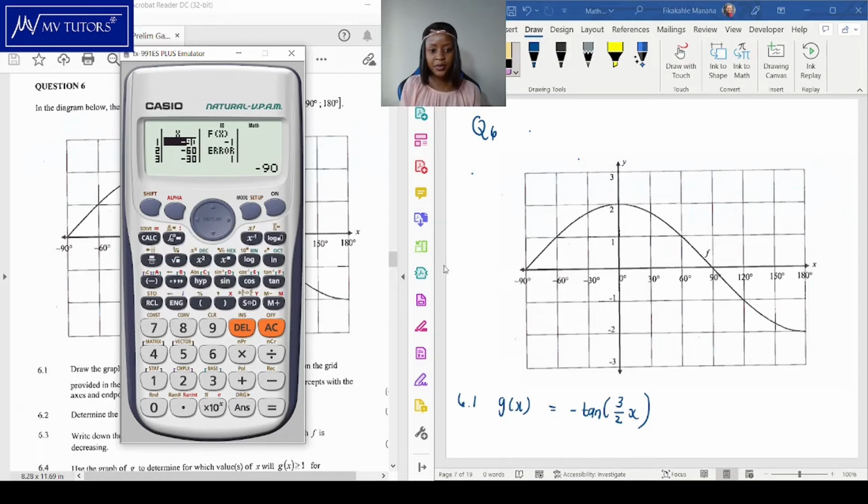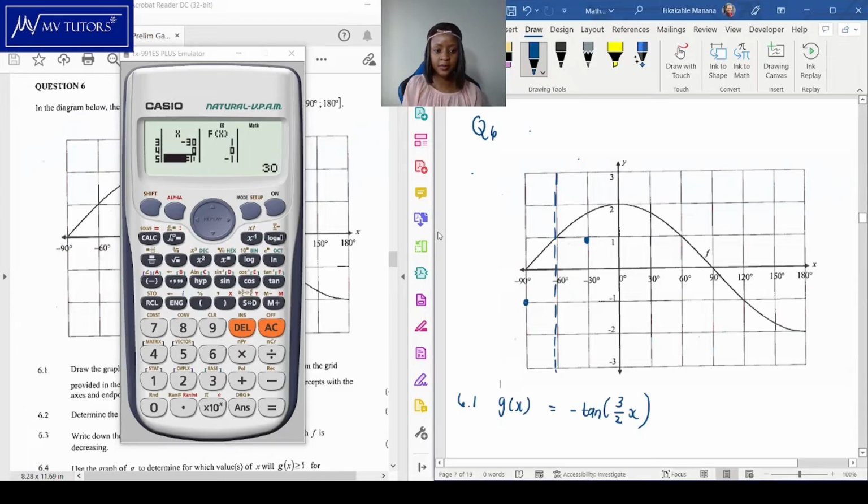So at negative 90 degrees, we have negative 1. At negative 60, we have our asymptote, hence we have an error. At negative 30, we have 1. At 0 degrees, we have 0. At 30, we have negative 1. At 60, we have an error, so that's another asymptote.